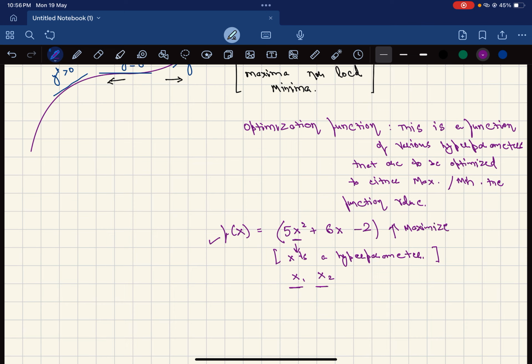So we put the points x1 and x2 in the second derivative, and if we get the second derivative as less than 0, we use that point to get the local maxima, and this way we can maximize the optimization function.